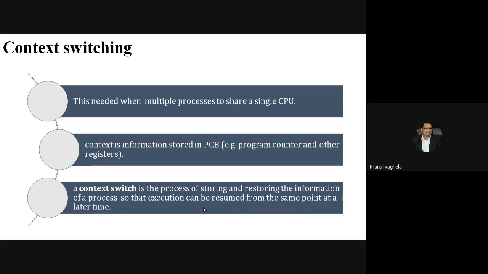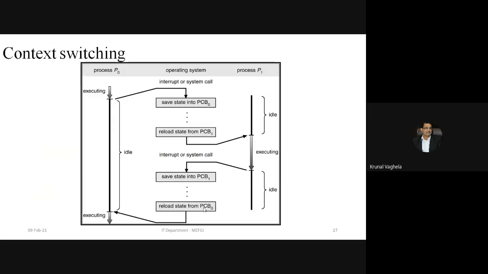There are many processes in the background. They are all using the CPU in parallel. But as a user, this switching is done by the CPU so fast, in milliseconds, that we cannot differentiate between them.